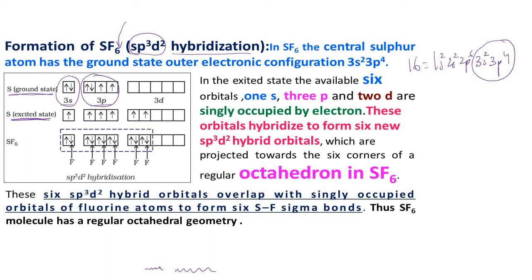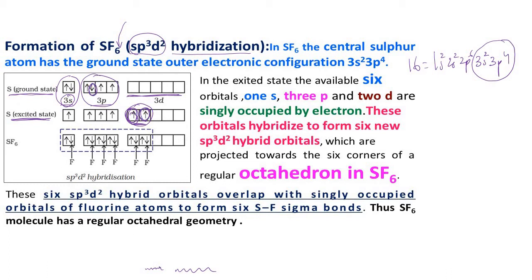Because in the case of d orbitals, in the ground state no electrons are present, but in the excited state there are 2 electrons present. It means sulfur in its second excited state only can achieve 3d with 2 electrons. In the first excited state, one of the electrons from the 3s orbital will go to 3d, and in the second excited state, one of the electrons from the 3p orbital will go to the 3d orbital.